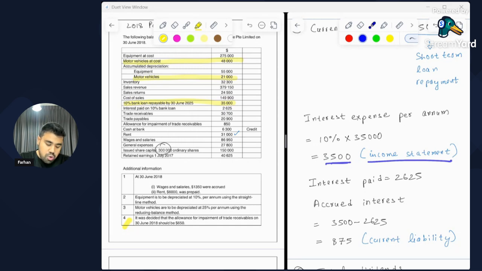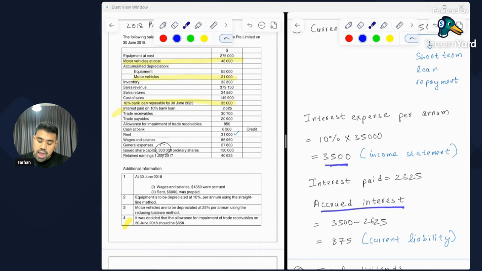Now, we know that the interest paid in cash during the year is $2,625. Where did I get this information from? As you can see, it clearly mentions here interest paid on 10% bank loan of $2,625. So if the interest paid is $2,625 and the total interest expense for the financial year is $3,500, this means that we have accrued interest, or interest that we still haven't paid yet, or the interest that we owe to the bank.